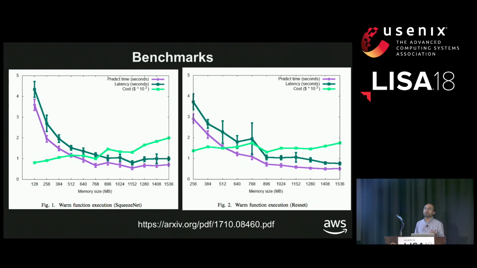You might not want to go all the way to 3 gigs. Actually, when this paper was written, the limit was only 1.5 gigs, which is why you don't see the 3 gig limit in this paper. But the takeaway here is benchmarking helps. You might find that sweet spot where the cost-latency trade-off is the best.